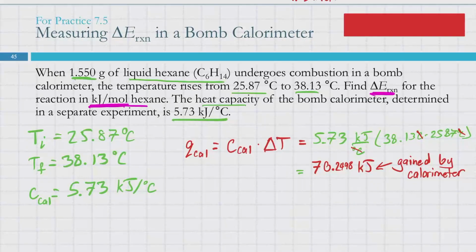Where did that heat come from? What provided the heat that our calorimeter gained? The reaction. So our hexane that we burned, that underwent combustion, produced that energy.